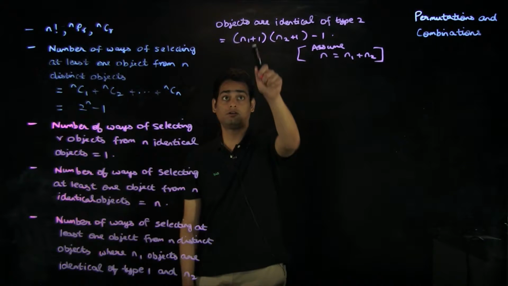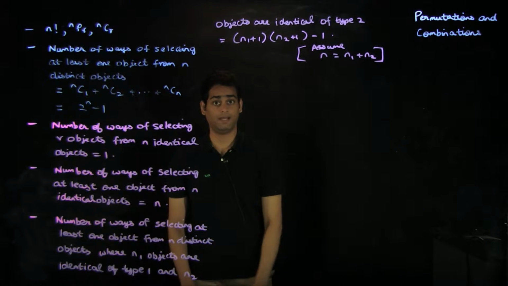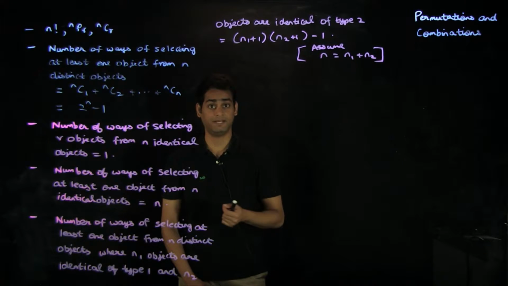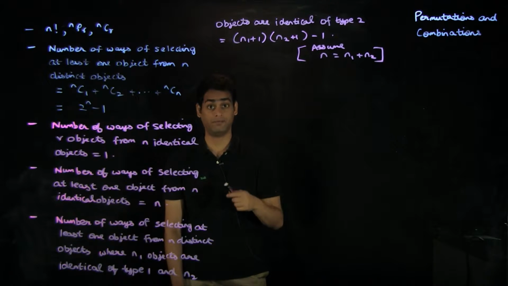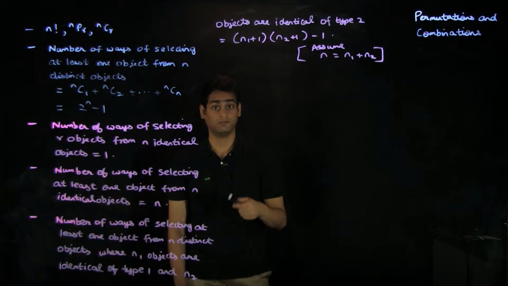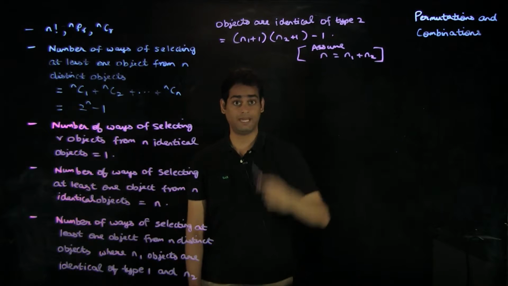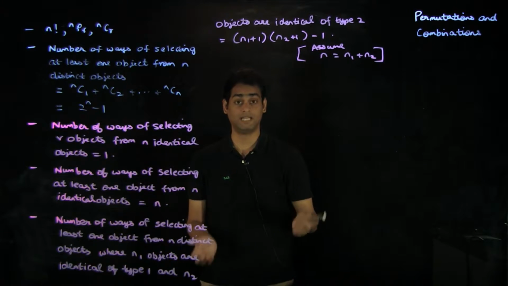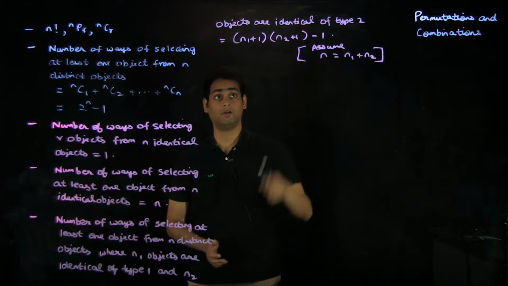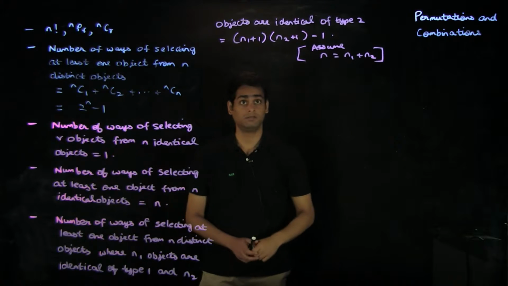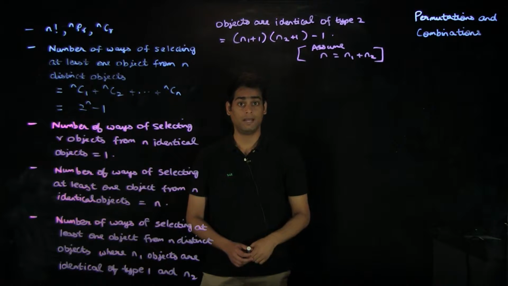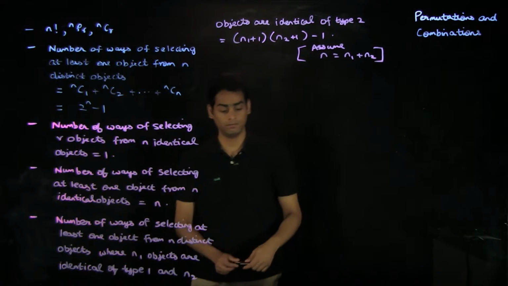And so the product of these two is going to give you the number of ways of selecting at least 0 objects of type 1 and at least 0 objects of type 2. And we've got to subtract 1 for the case when you don't select any object from each of these types. And so that gives you (n1 plus 1) times (n2 plus 1) minus 1.